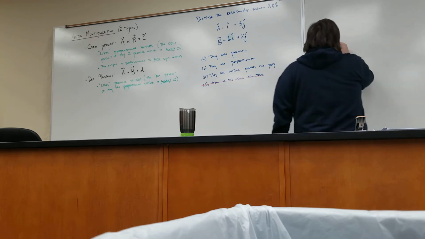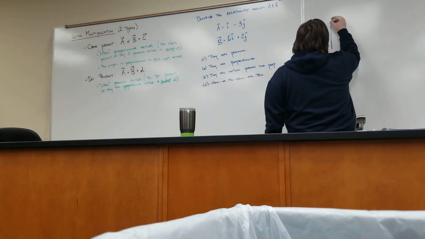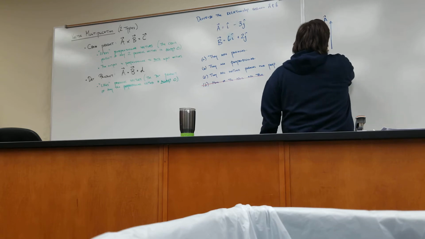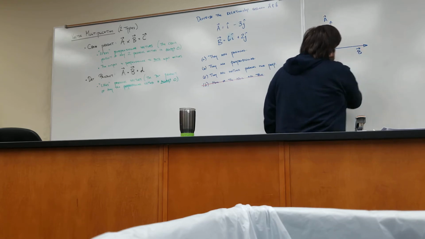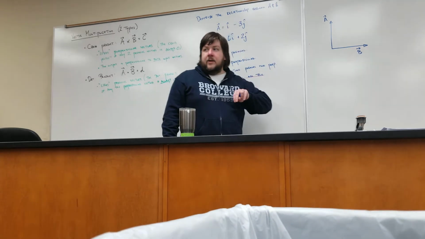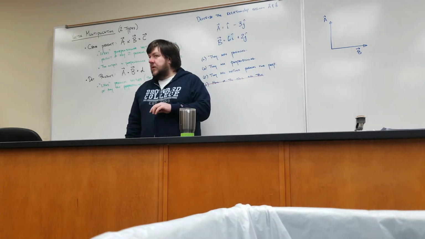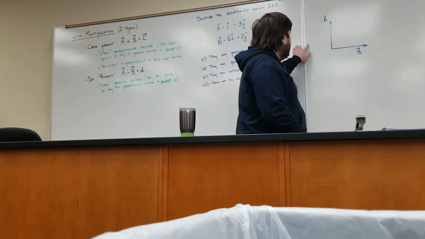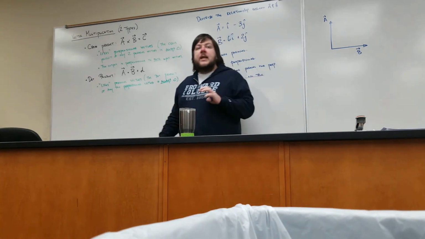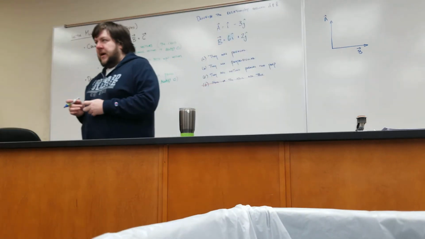What if I were to say that A pointed here and B pointed here? They're not parallel, so the cross product's not going to be 0. They're perpendicular, let's say, though the angle doesn't matter. If they're perpendicular, then it would be the largest possible cross product.